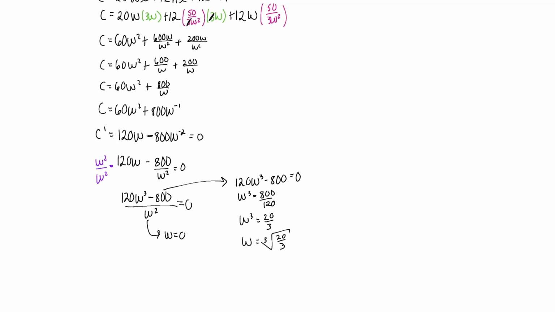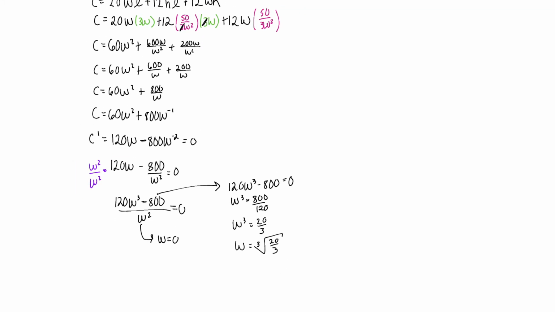We do need to verify this. To verify, taking another derivative, second derivative, you're getting 120 minus, oh, this will actually be plus, right? Plus 1600 w to the negative 3.